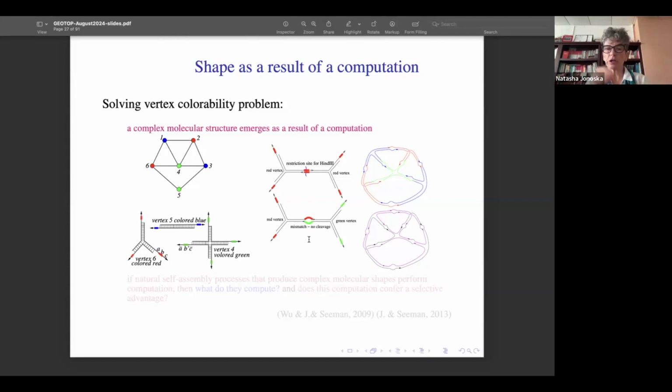The enzymes will cut all of the edges of the same color that have joined together. The only thing that remains afterwards would be something that is actually a good coloring of the graph. So this would be a molecule like this, where every edge will have a bubble where the enzyme didn't cut.